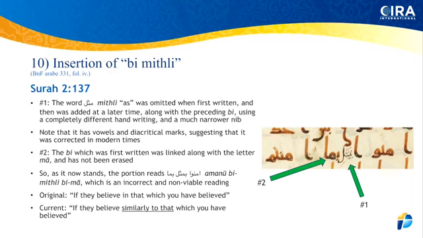And this is very interesting. I'm glad you brought this up, because these diacritical marks are a later invention. This is the dash right here that you're talking about. So it's like a dash. That's right. This is the kasra, and the kasra will help you to say mithl.